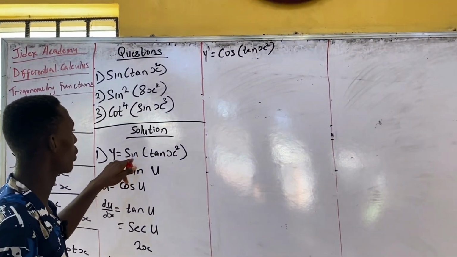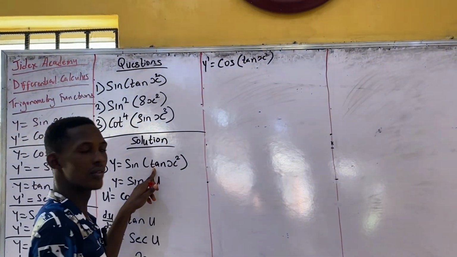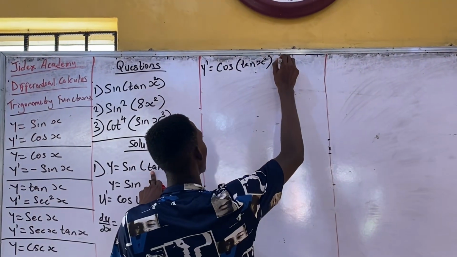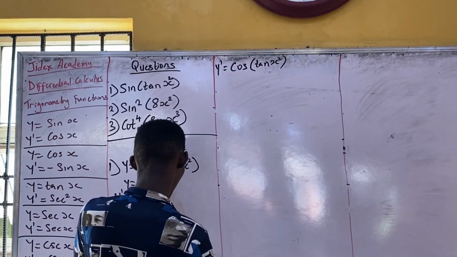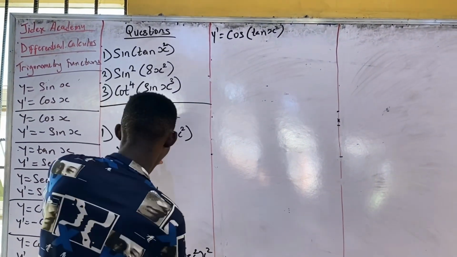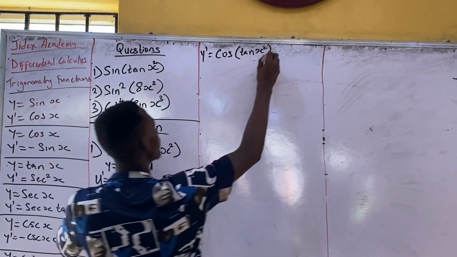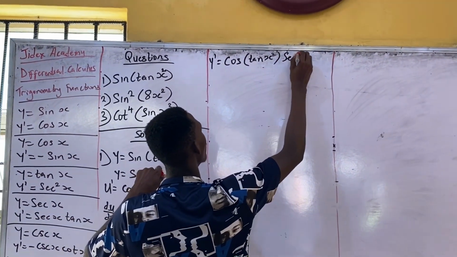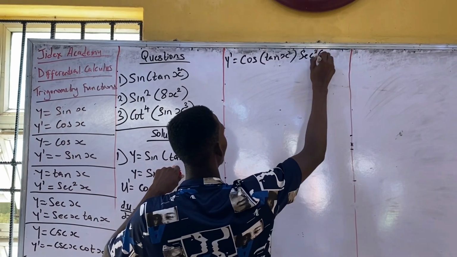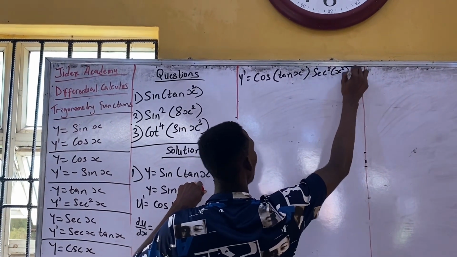After that, we move to the derivative of tan. What's the derivative of tan? Sec square. Then we open our bracket. We put our x square, times.